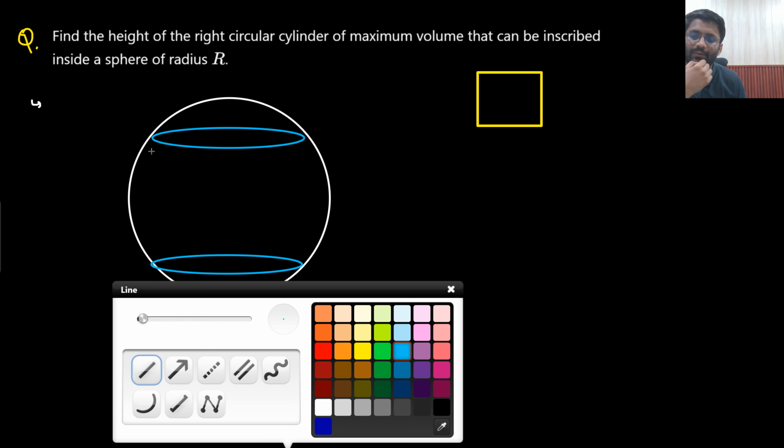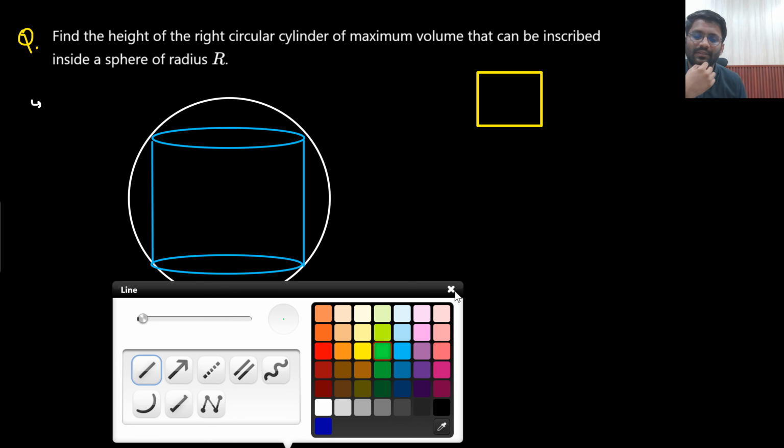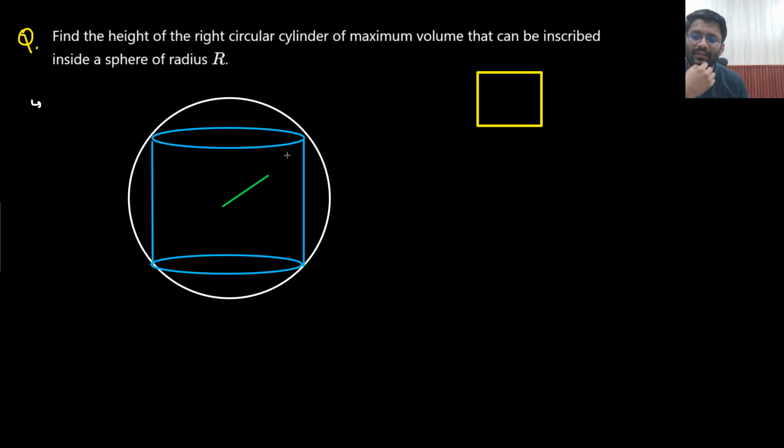What is the radius? The radius of the sphere is r.